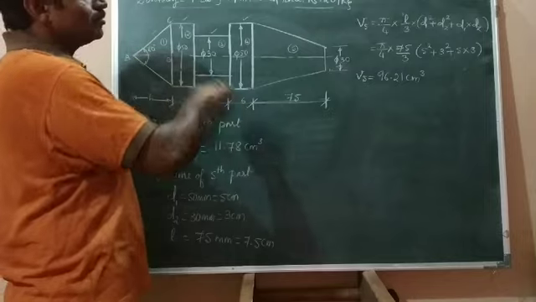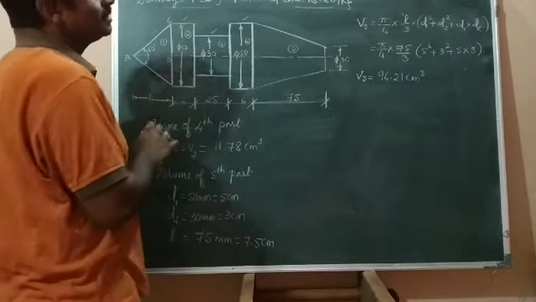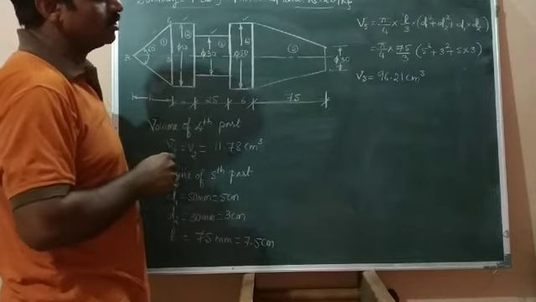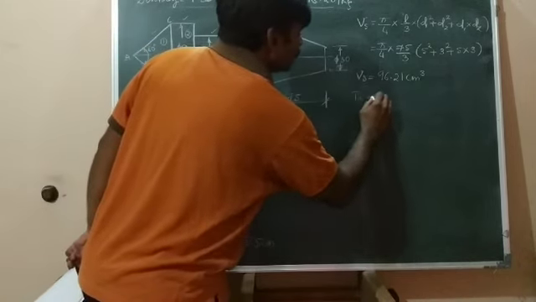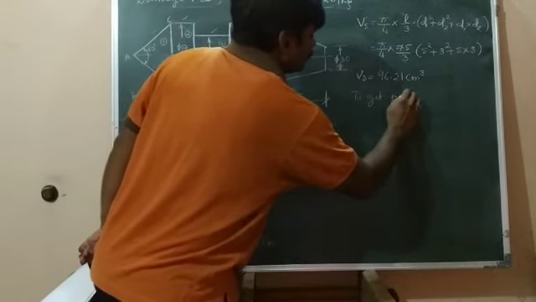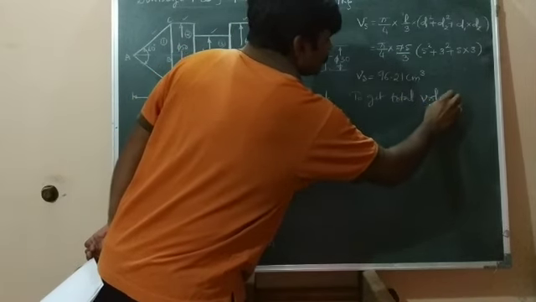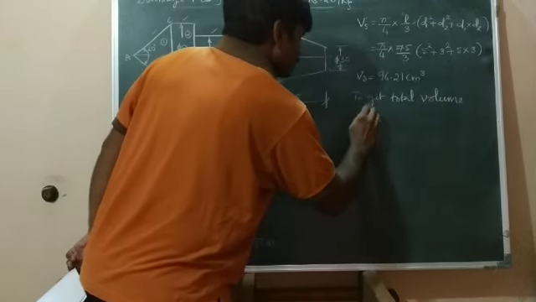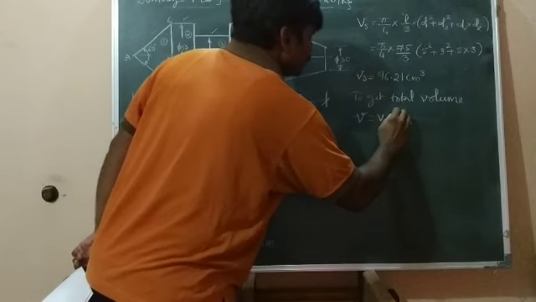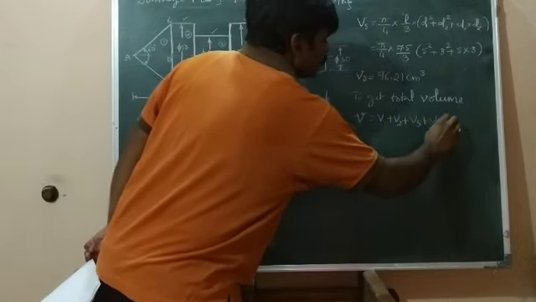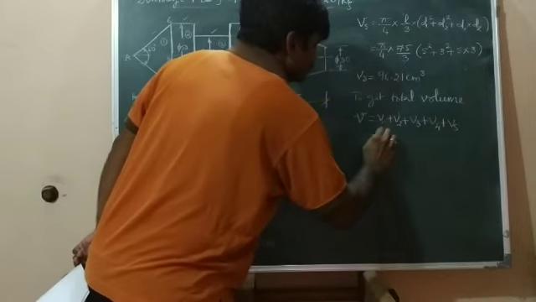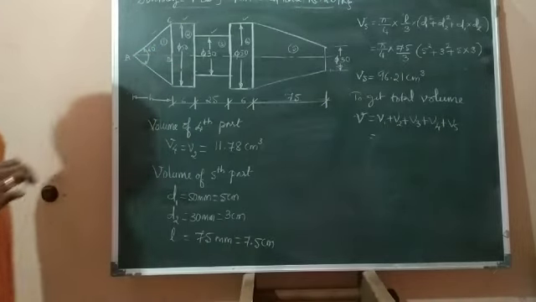Okay, so how to find total volume? Just adding all the individual volumes, we'll get the total volume. So let us say V is equal to V1 plus V2 plus V3 plus V4 plus V5. Just I am adding all the individual volumes to get total volume here.